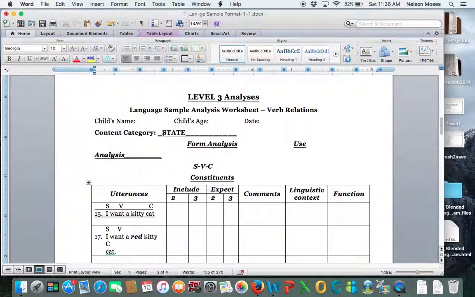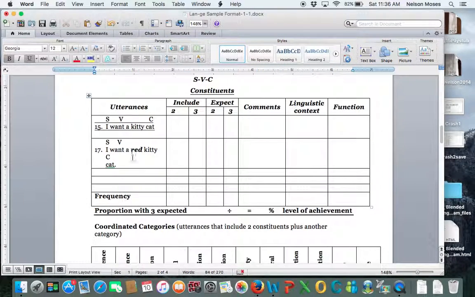Notice, in your language sample, all state utterances will then go on the same page, unless you run out of space and then you go to another page. But on the same page or pages, they're a list. They're numbered, so we know where they fell out in the transcription. But all of the same ones go on a page.